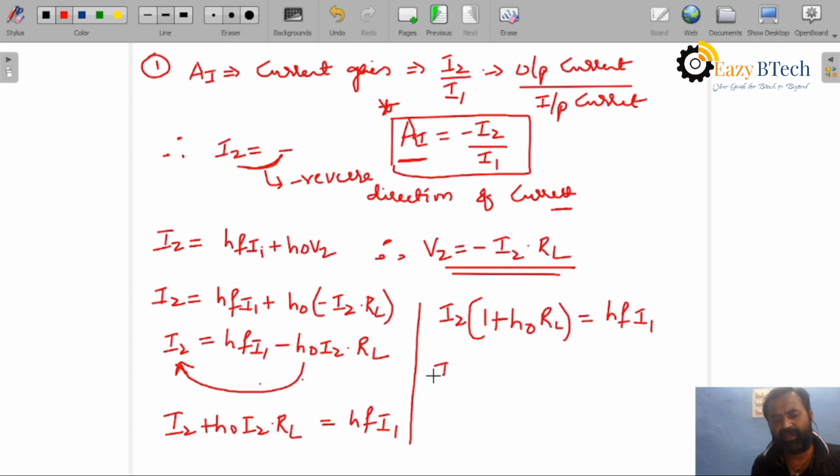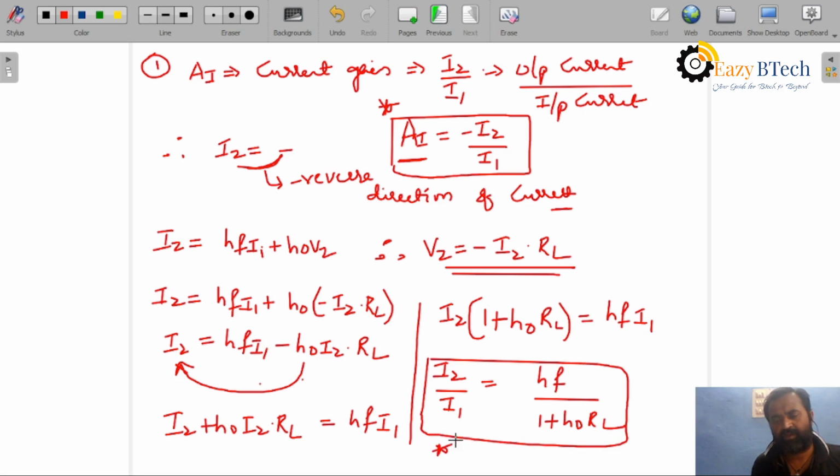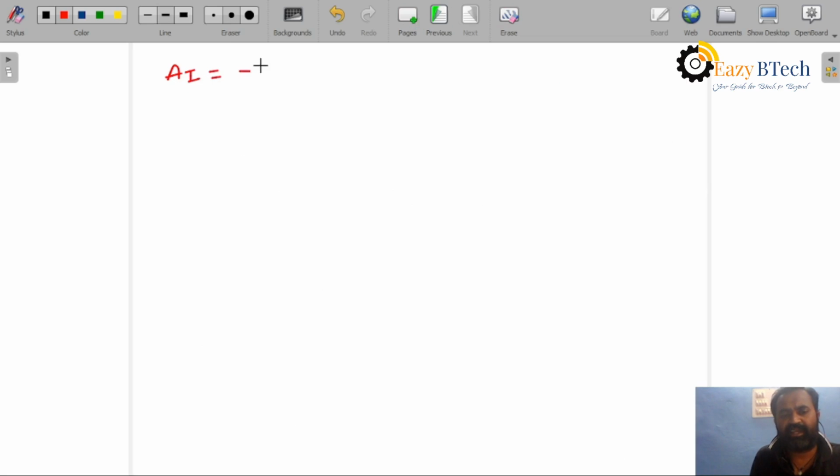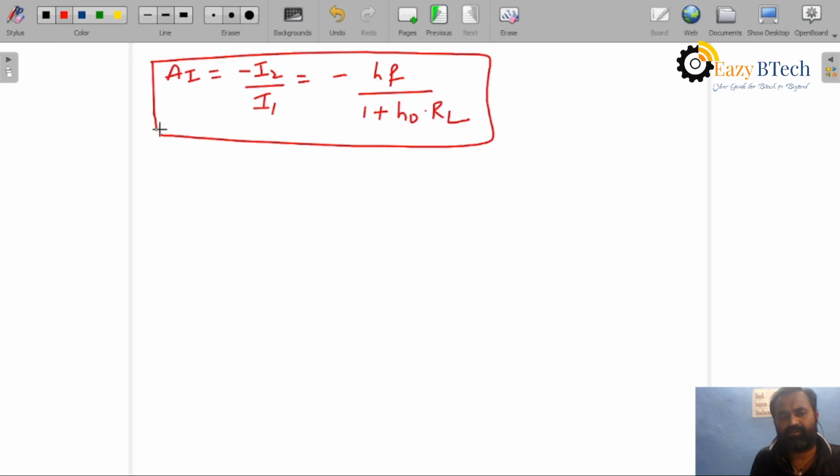So I2 by I1 = Hf by (1 + Ho RL). Since AI = minus I2 by I1, AI = minus Hf by (1 + Ho RL). This is the current gain.